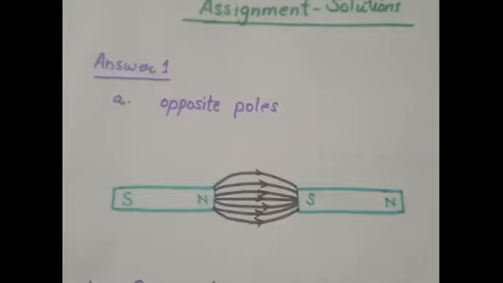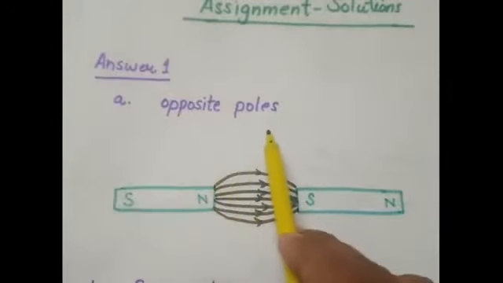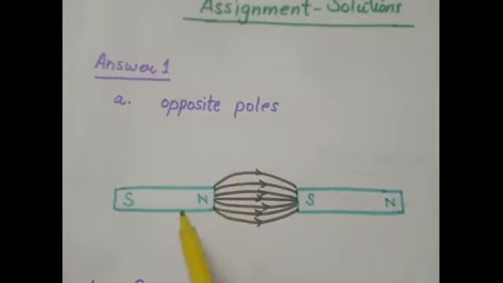So the answer for the first question, part A: two bar magnets are placed collinear with opposite poles facing each other. One magnet has its north pole towards the south pole of another magnet.